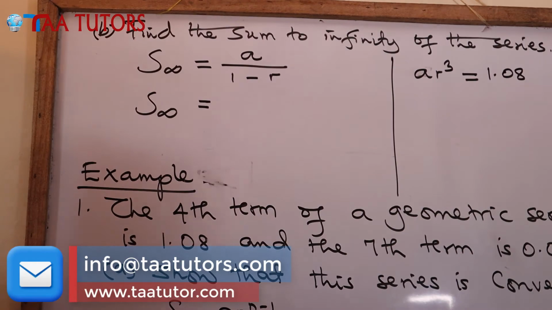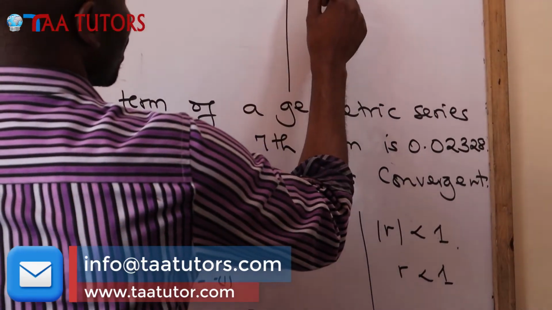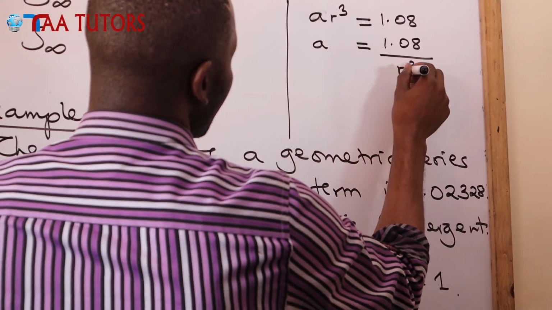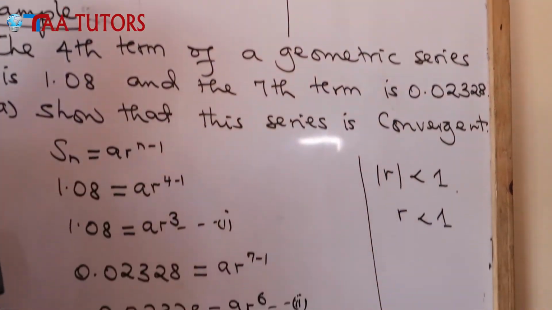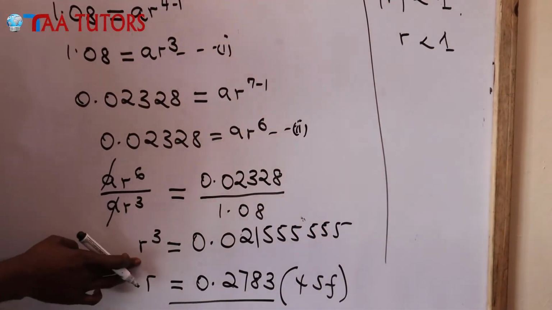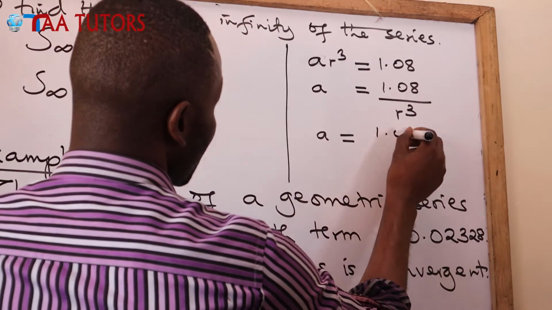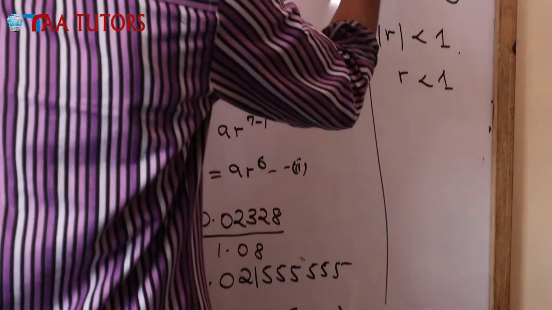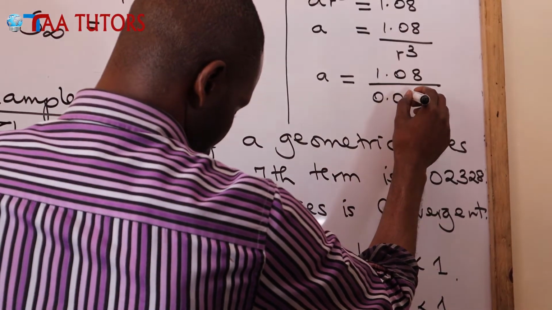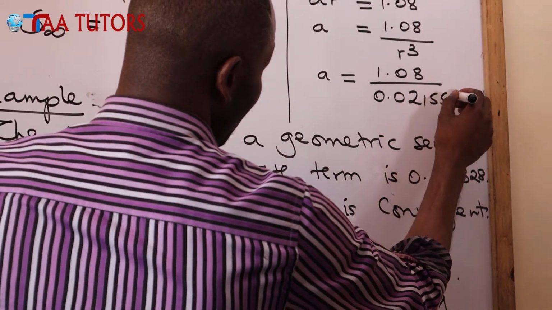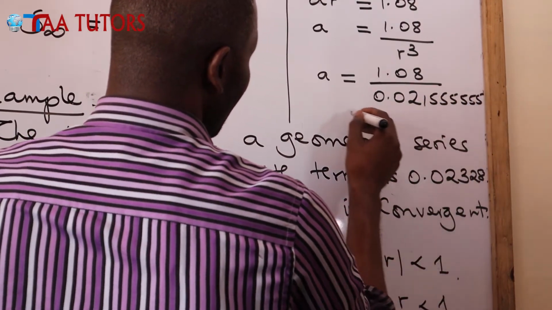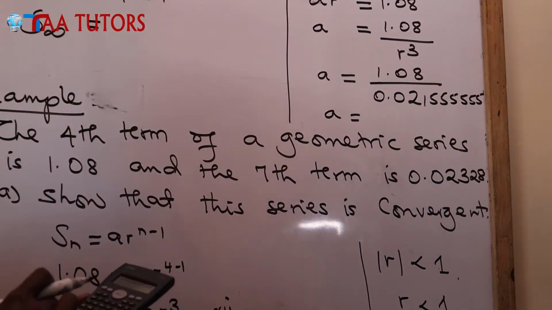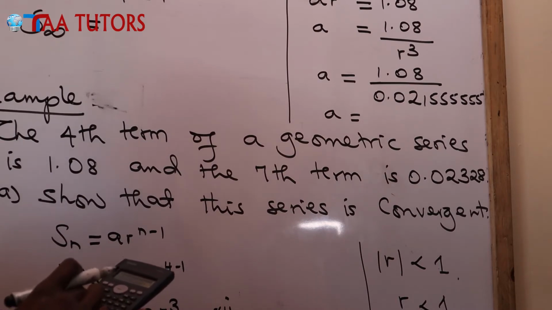1.08. That's our equation. So a here will be 1.08 divided by r power 3. And we know that r power 3 is here, 0.0215555.